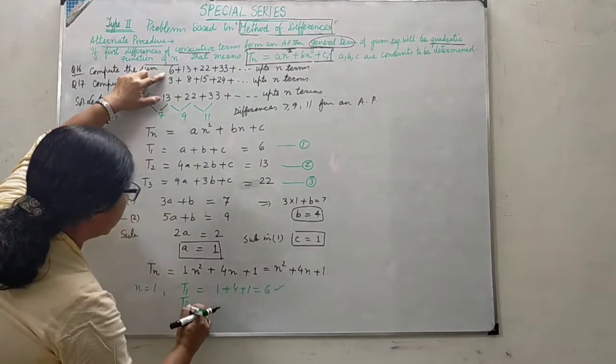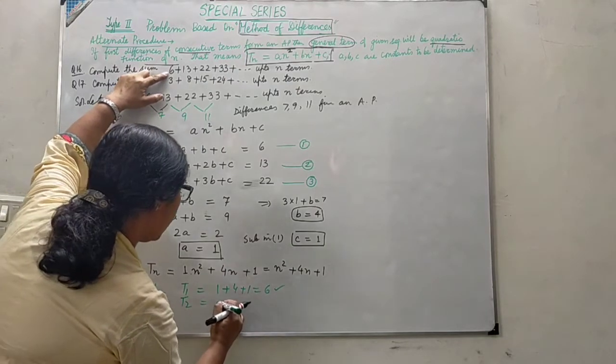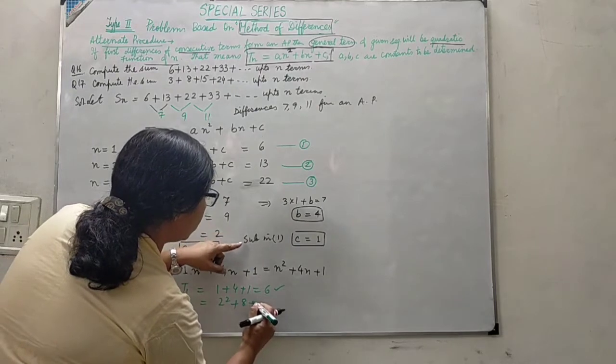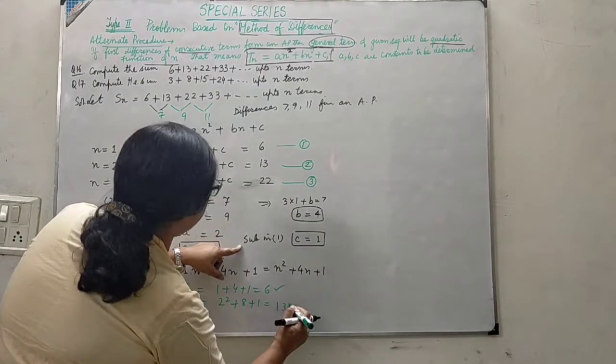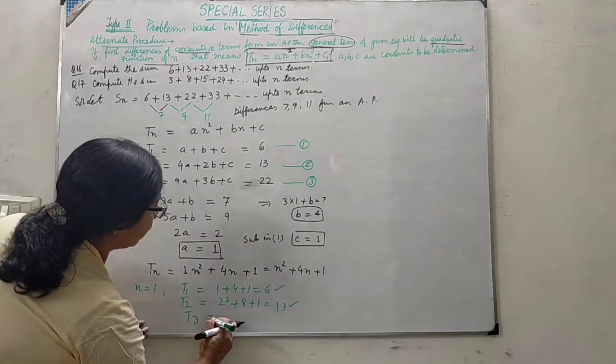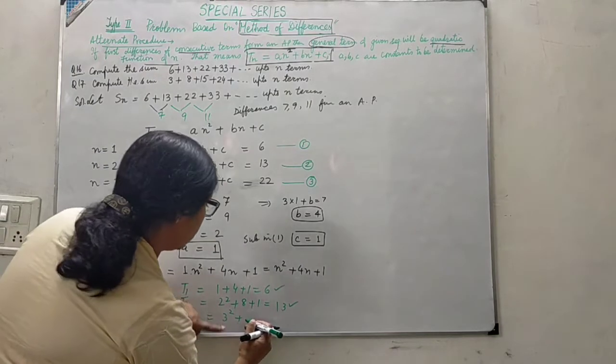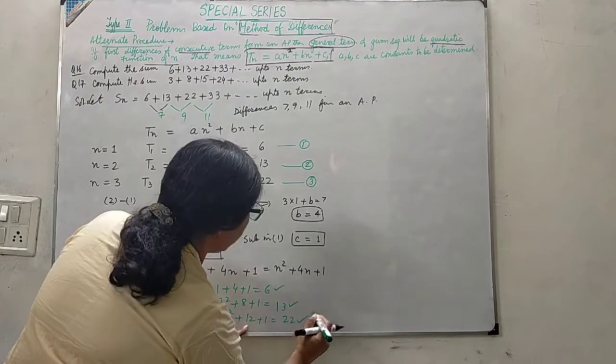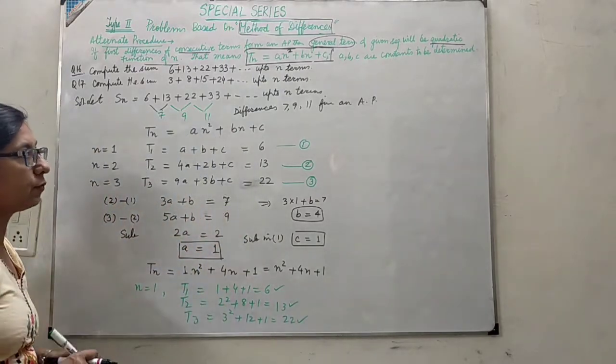Then T2 becomes 2 square plus 4 times 2 plus 1, which is again 13, fine. And T3 is 3 square plus 12 plus 1, which is 22, and this is fine. So our Tn is fine.